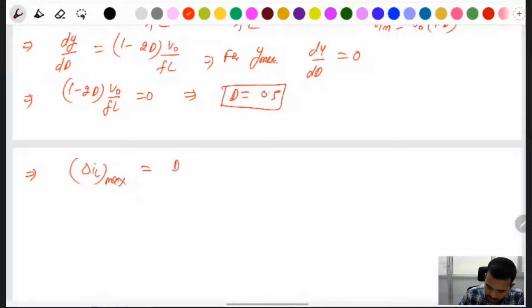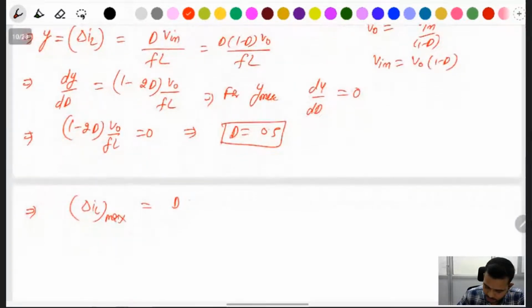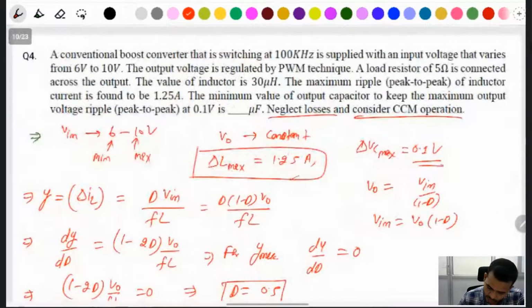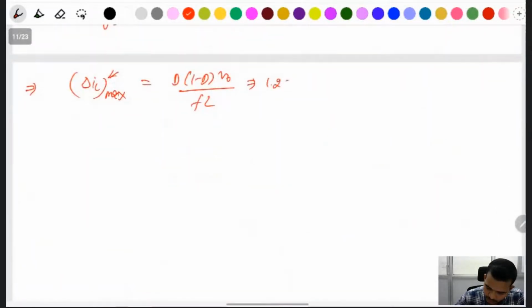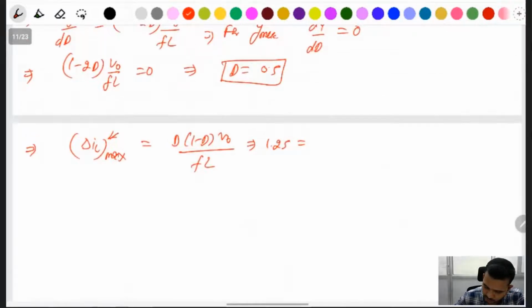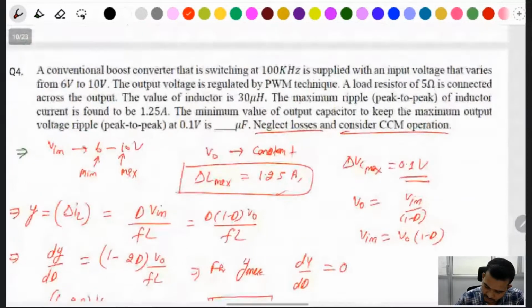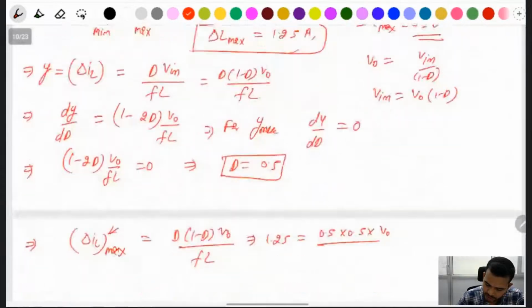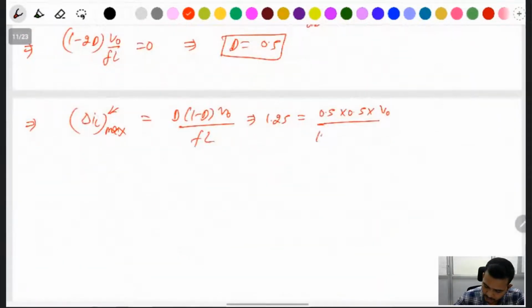Delta IL max is D into 1 minus D V naught divided by FL. We know this is given 1.25. D is also known, 0.5, and 1 minus D is also 0.5. V naught is not given. F into L, frequency is given, 100 kilohertz and 30 microhenry.